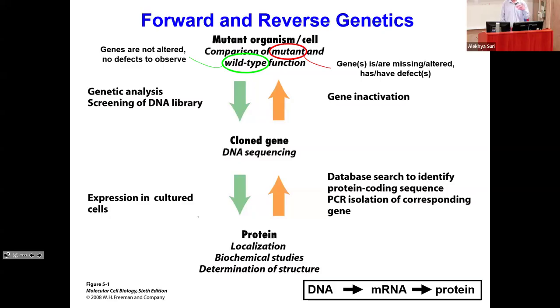You would determine the DNA sequence to get the identity of this gene, because before, you just have a piece of DNA fragment and you don't know what it is. So you do DNA sequencing. Once you know what this is, then you know, okay, it's similar to these and these genes, for example.